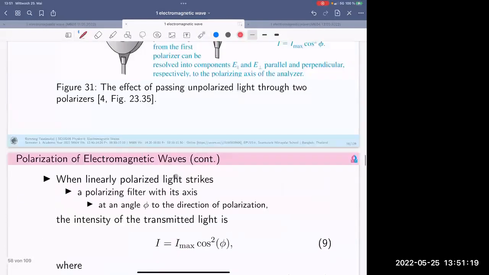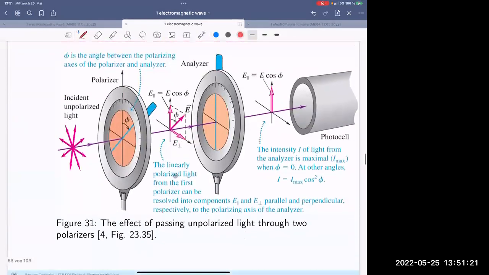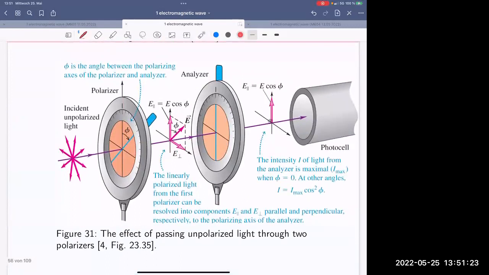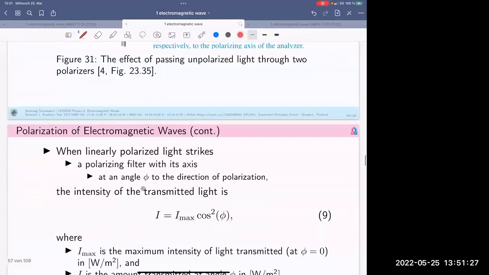And let's talk about what's going on in this experiment. What is the final intensity we could get from this experiment? This question has been raised by someone, and they developed an expression for that.